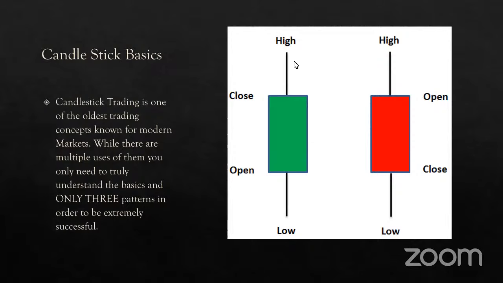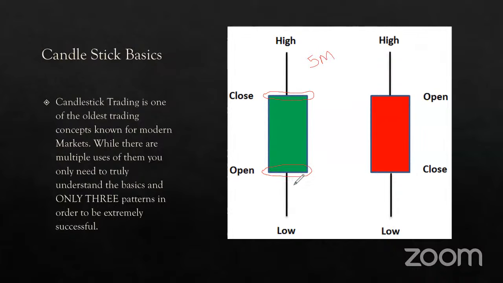So when we look at a candle, we either have a red candle or a green candle. When you see a green candle, this indicates that the market has moved higher or the market has moved up. Now let's dissect this green candle here. When you see a green candle on your chart, the bottom of the body here is the opening price. The top of the body is the closing price. So if this was a 5-minute candle, and when I say a 5-minute candle, I'm simply stating that this candle represents 5 minutes in time.